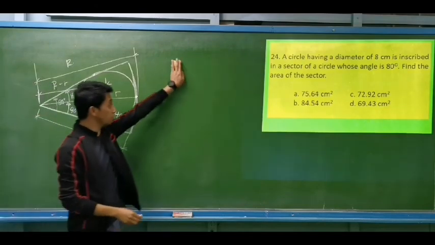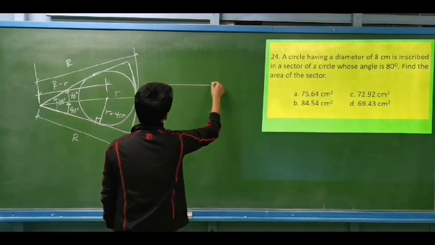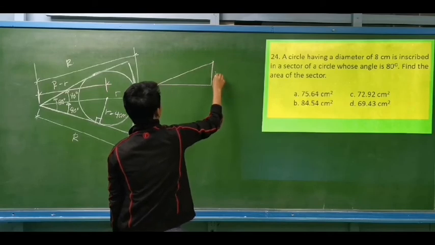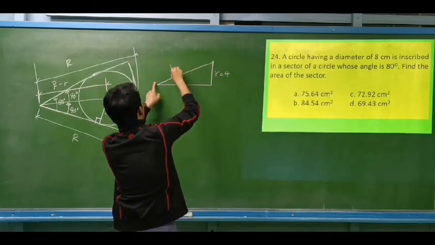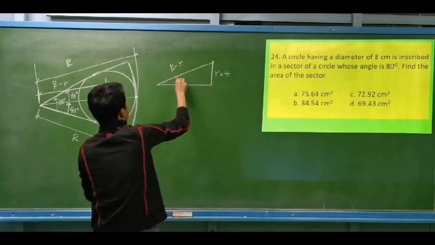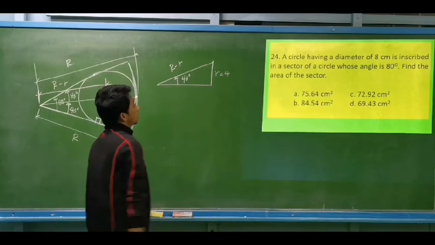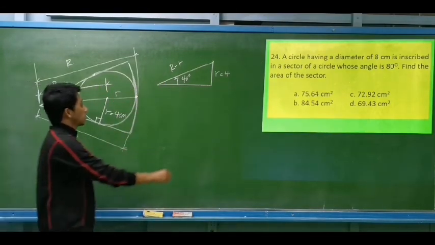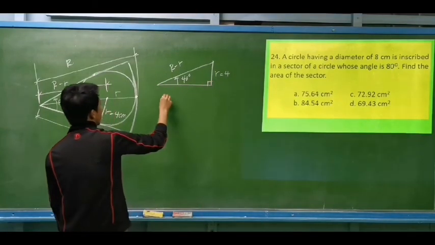Kung baga may right triangle na tayo ngayon, kung isa-separate lang natin yung portion na yan, ito yung dimension ng right triangle natin. This is r is equal to 4. Yung distance na to is yung R minus r. Yung angle na to is 40 degrees. Can we compute for the radius of the sector using the triangle? Ito yung ating right angle. So we can use sine.